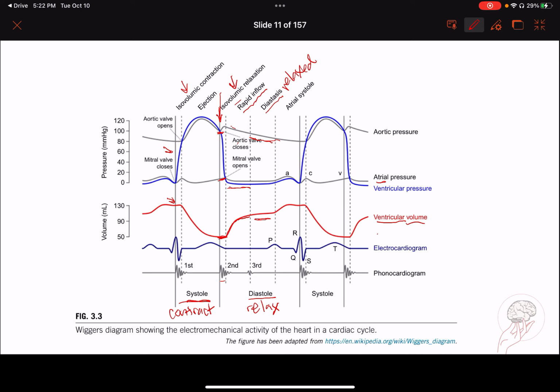And then next, we have atrial systole. So we've been focused a lot on the ventricular, but now we have the atria contracting. So if we come down here, from here to here, the atrial systole, if we look at the atrial pressure, it begins to go up.